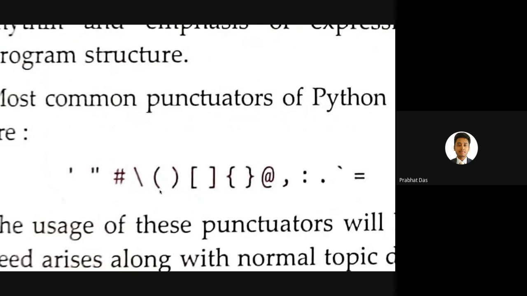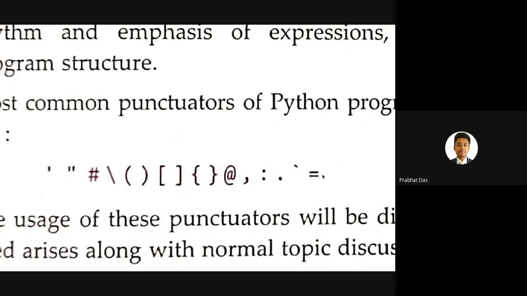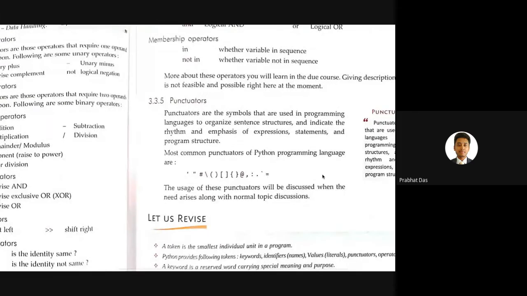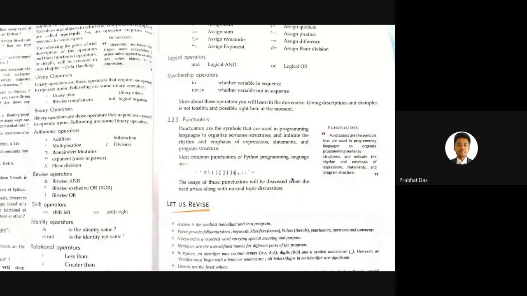Remember that in programming these are known as the parenthesis. Also square brackets, curly braces, at, comma, colon, dot, and equal to. These are the symbols that you will be using frequently while programming. So in short, punctuators are the symbols that you will be using to write the Python program.